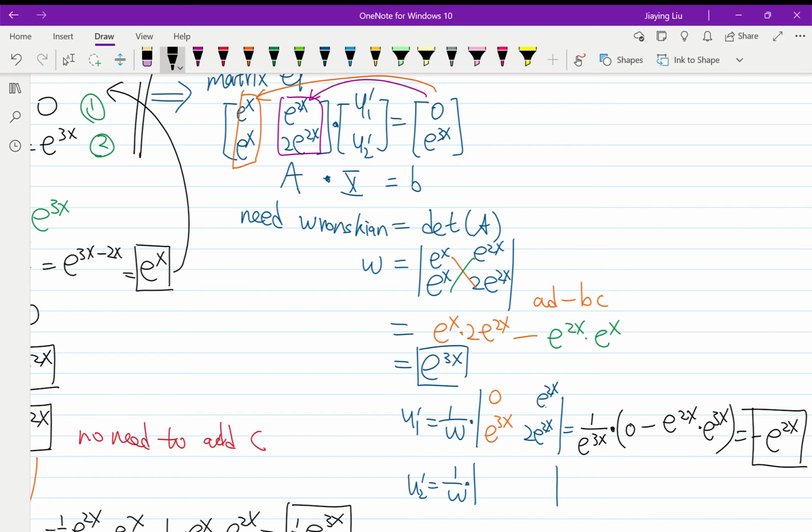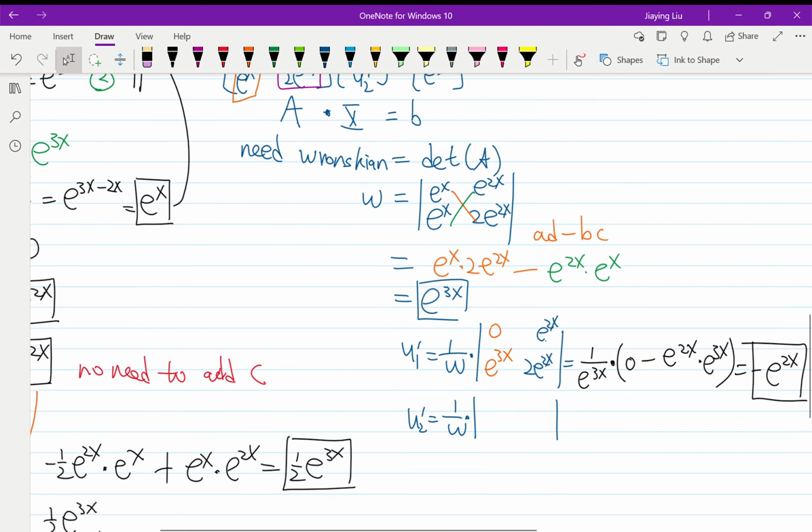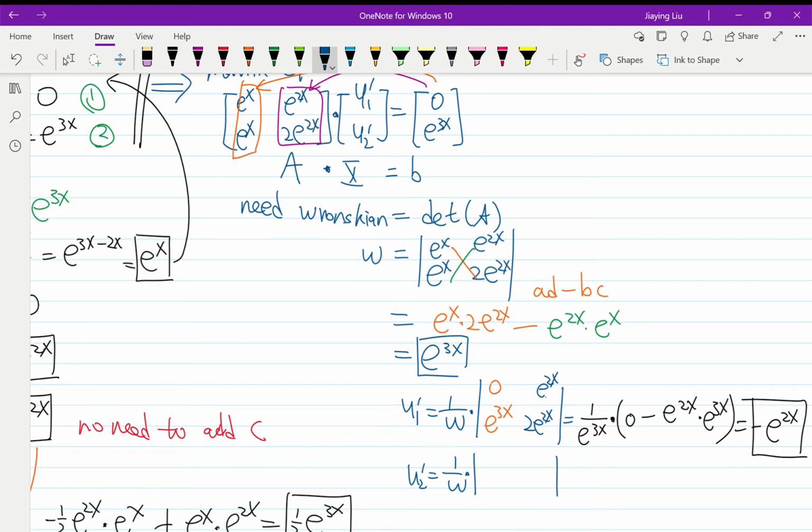The first column stays the way it is, it's just that the second column will be different. So the second column is going to be replaced with 0, e to the 3x, but the first column is e to the x, e to the x. It doesn't change.